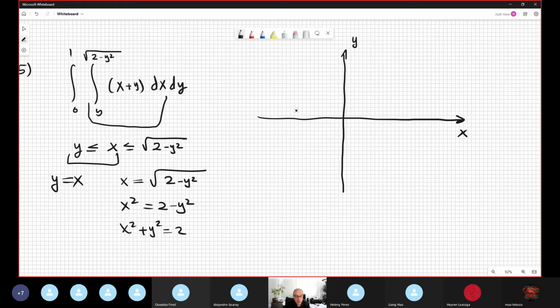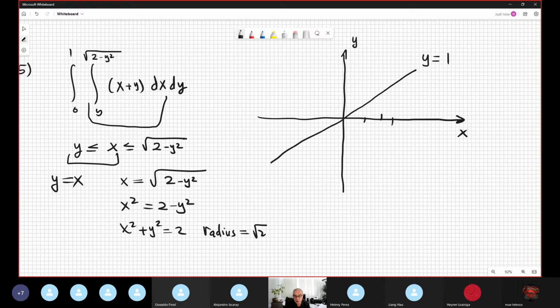I know that one bound of this problem is a line, the famous line y equals x. I have a circle of radius, no, radius radical 2. Sorry, the radius is radical 2, a square root, about 1.40 something.